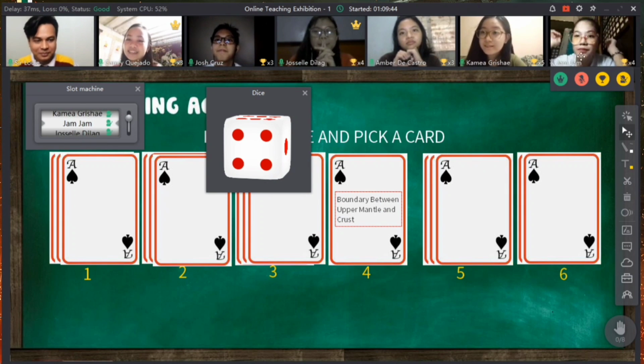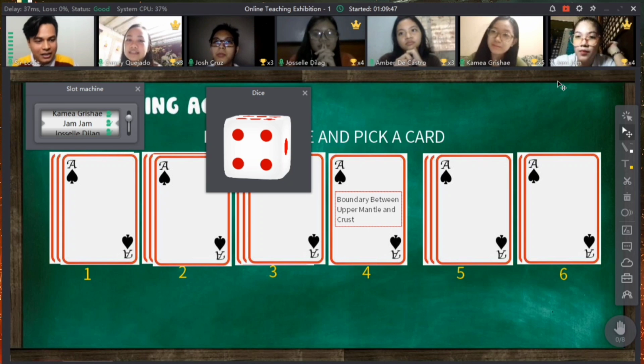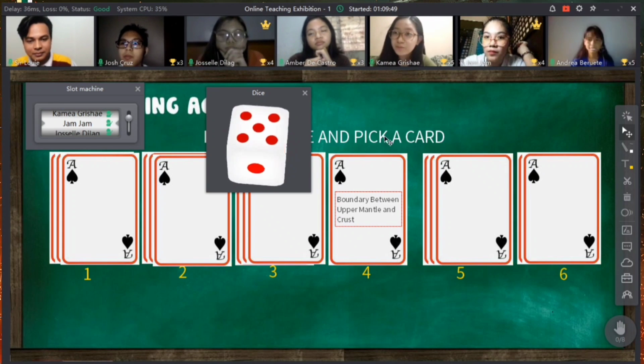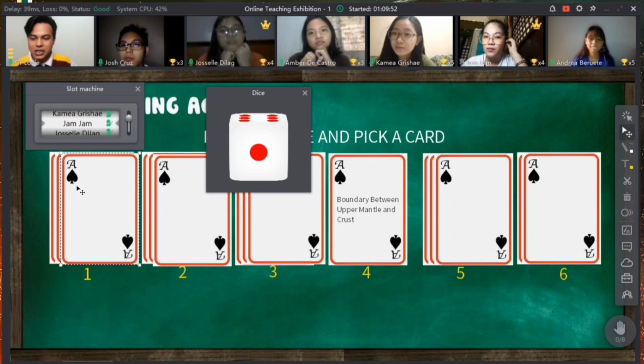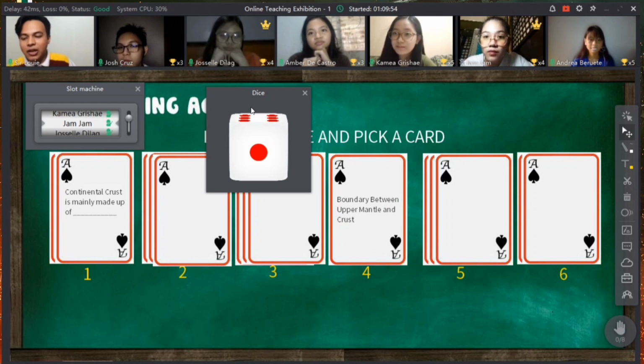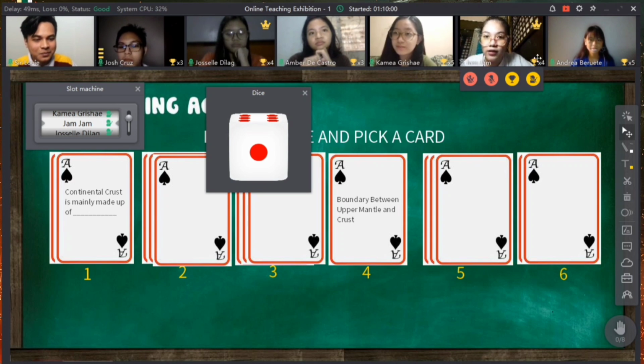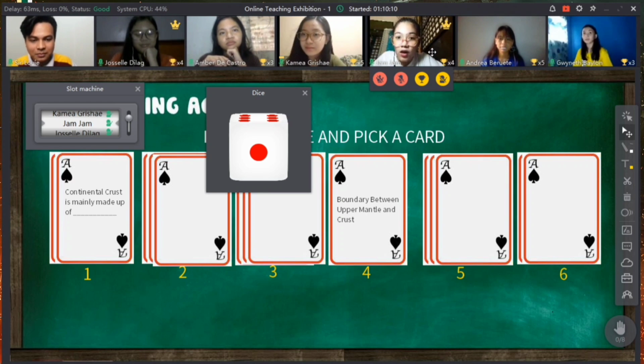Next, we have Jamila. Kindly click the dice. Card number 1: Continental crust is mainly made up of. Continental crust is solid, but what is the main rock composition of the continental crust?